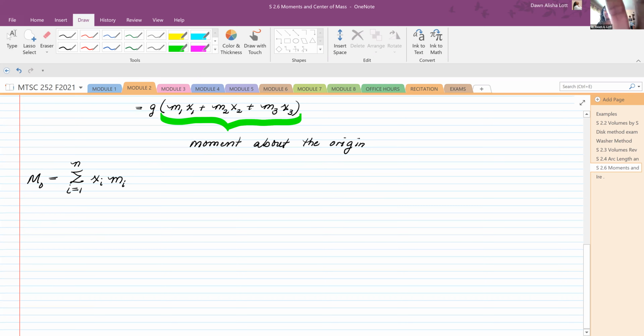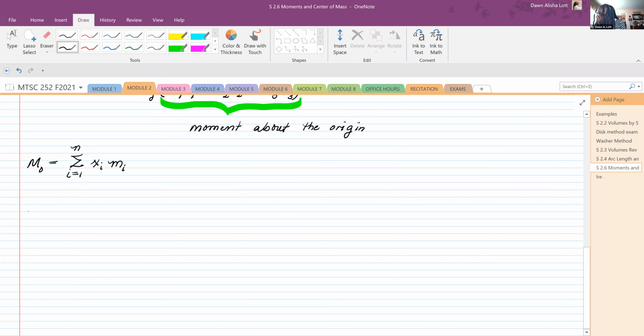Okay, so now what's our goal? So now our goal is to place the fulcrum at a location to balance the system.